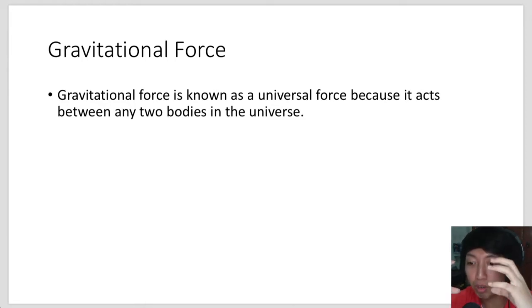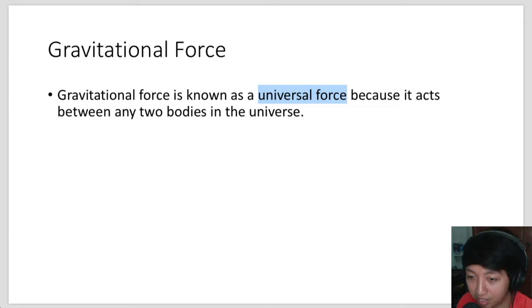So whenever we have two objects or two bodies, there is gravitation, there is pull, there is attraction between these two things. And the reason why this is so important is because this is something that happens throughout the entire universe, not just on Earth.